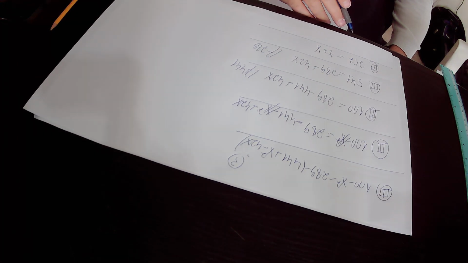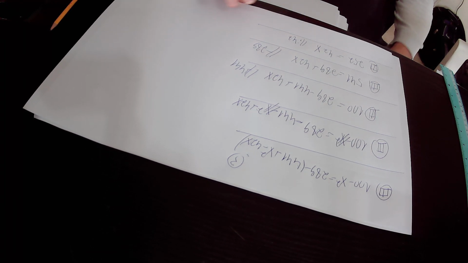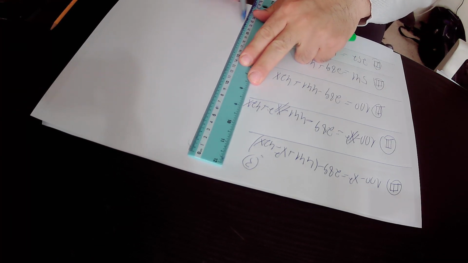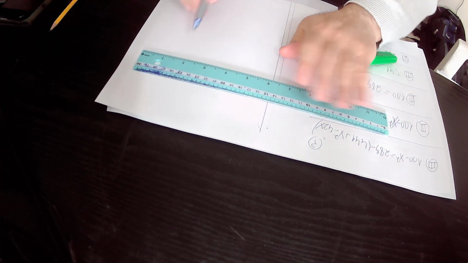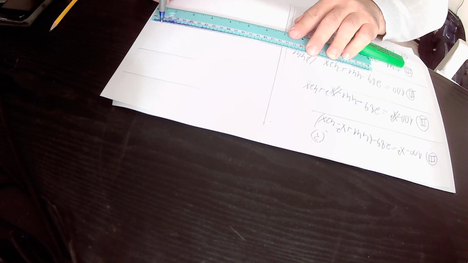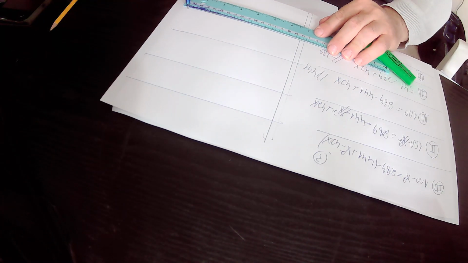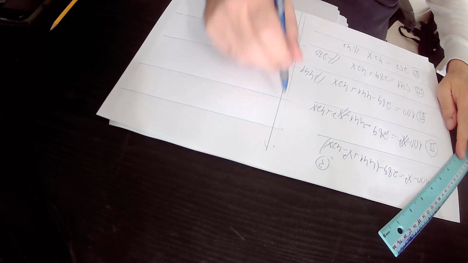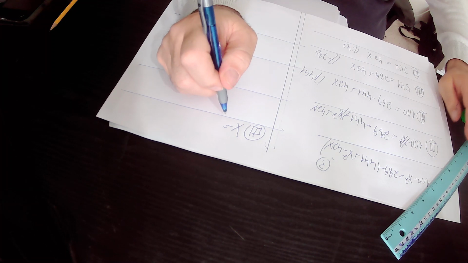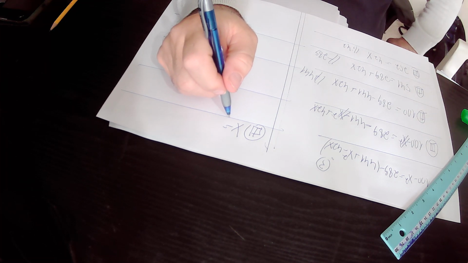Here we divide equation 3 by 42, and we get that x equals 252 over 42 equals 6.